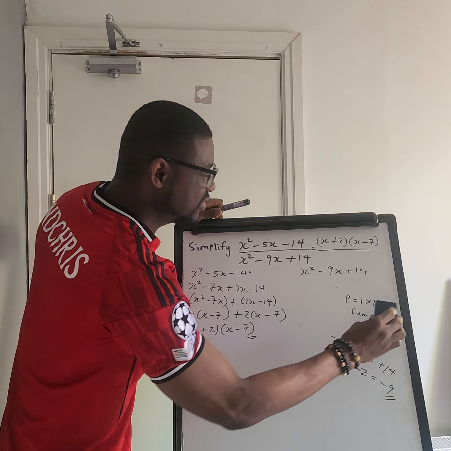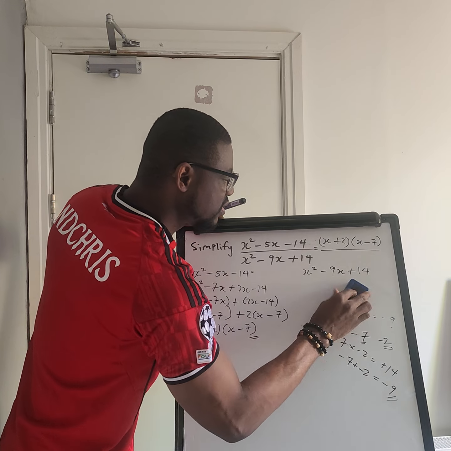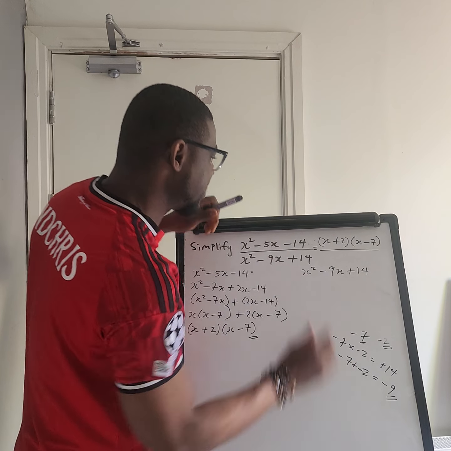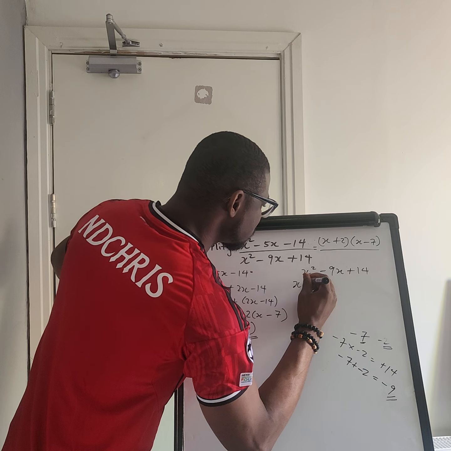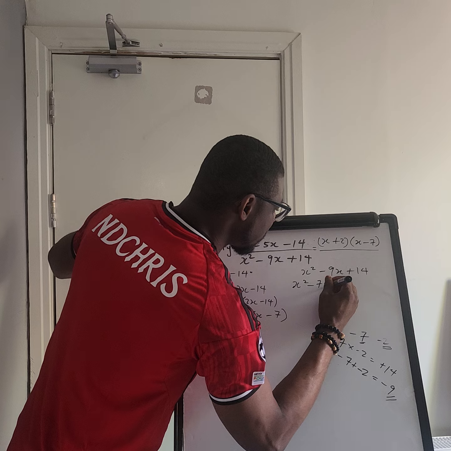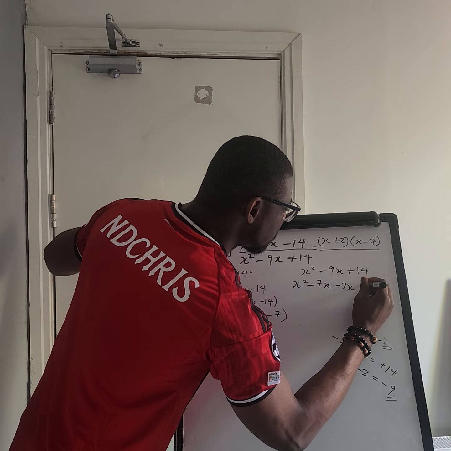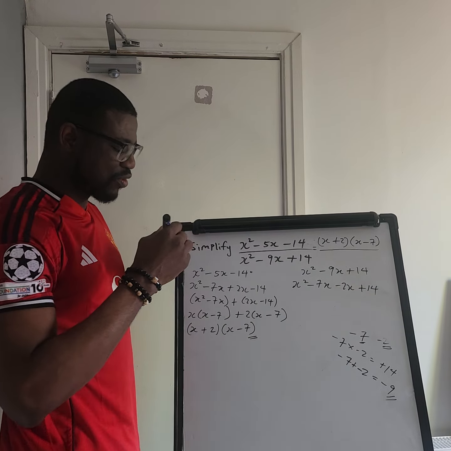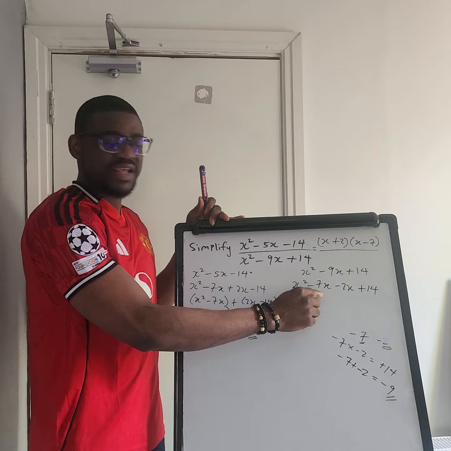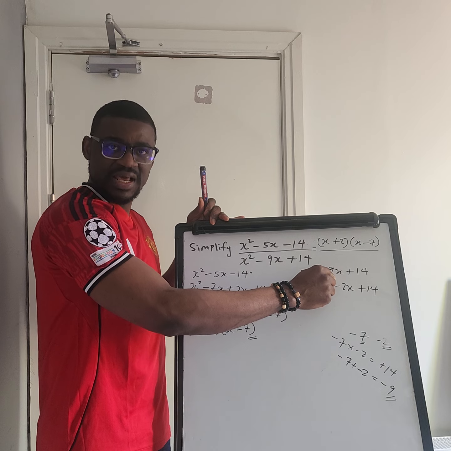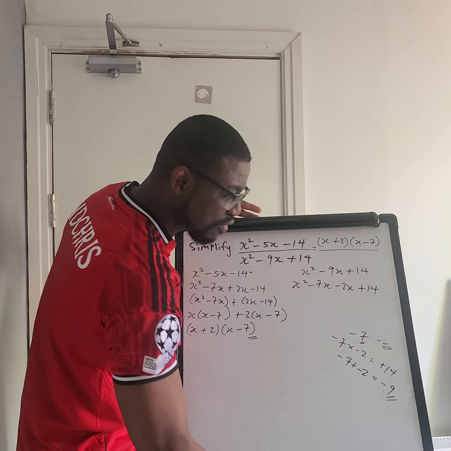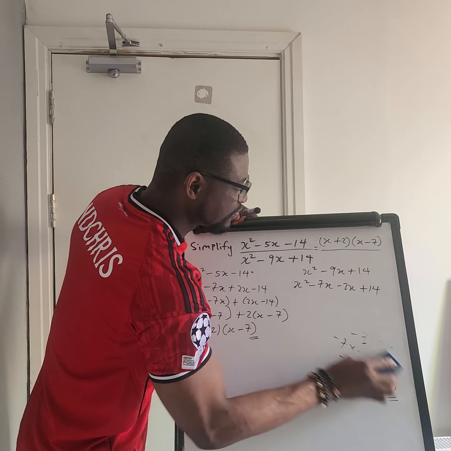So these two satisfy what we are looking for. Therefore, we're going to implant them in the expression. This becomes x squared minus 7x minus 2x plus 14. No magic. Minus 7x minus 2x will give you minus 9x. So that's the essence of doing this.